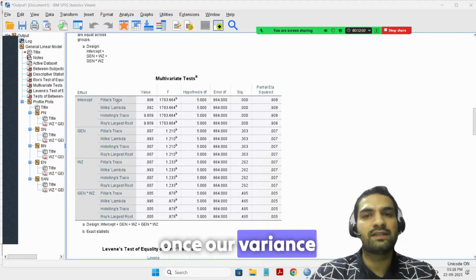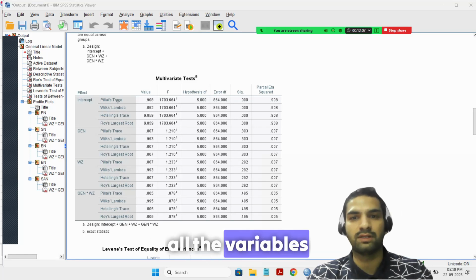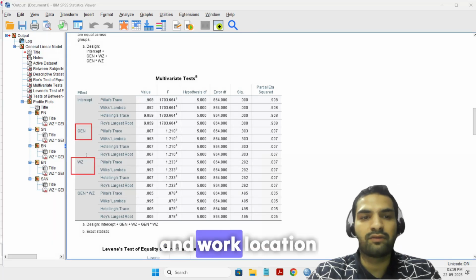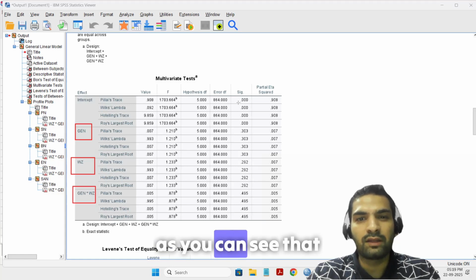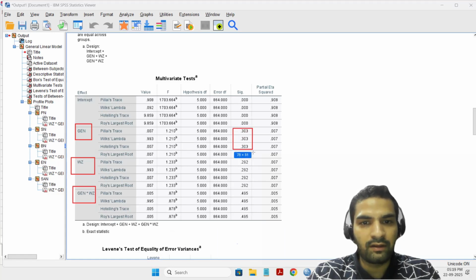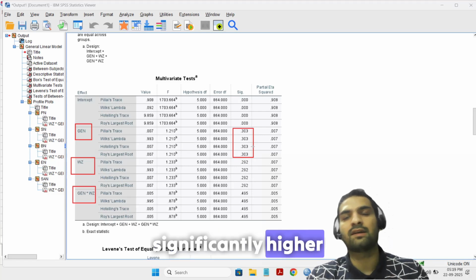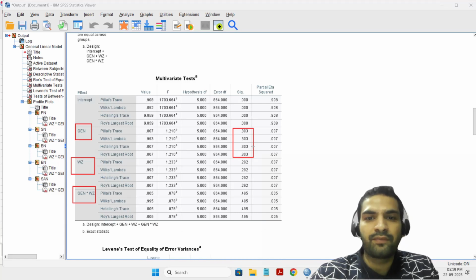Once our variance assumption is met, we go to the multivariate tests of all the variables. We'll check the significance values for gender and work location factors and their interaction factor. As you can see, the significance value for gender is 0.3, which is significantly higher than our significance levels of 0.05 and 0.01.